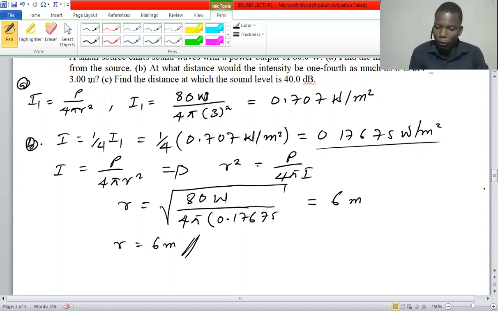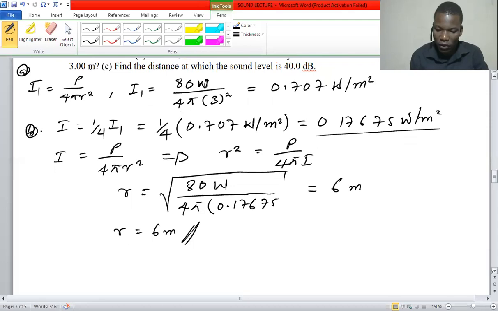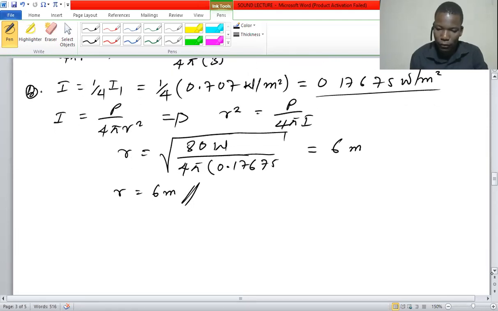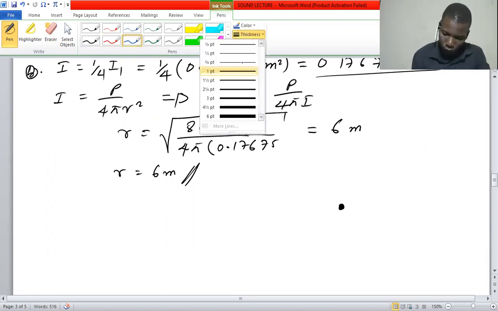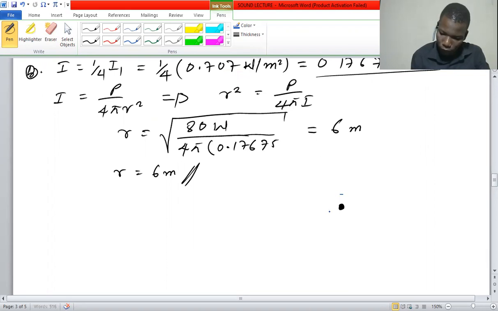So in simple terms, if you have a source, like in this case, a small source, let me illustrate this. Hope you're seeing what is happening.